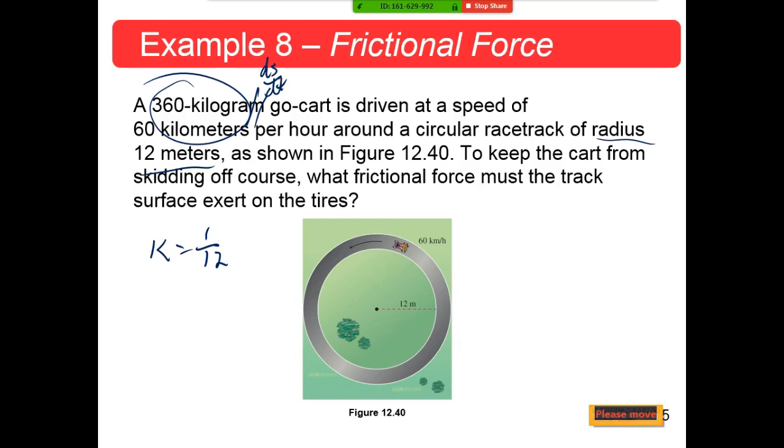So my gut feeling is we need to get that 60 kilometers per hour down to meters per second. Now, let me see if the book did that. Yes, they do, in a strange and weird way. So let's do it a bit more reasonably. This is a math book, by the way, not a physics book. 60 kilometers per hour. That's what the speed was.